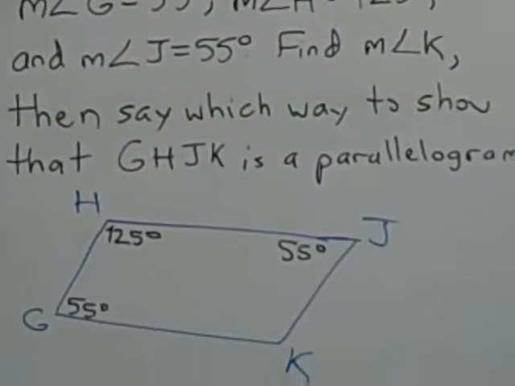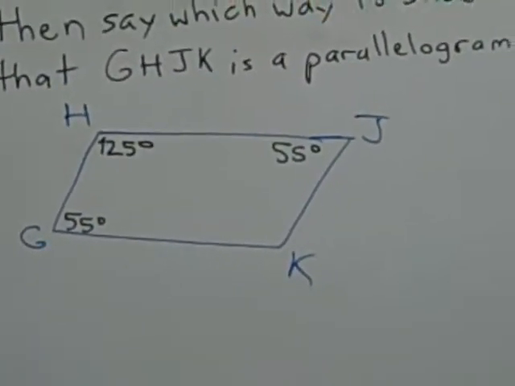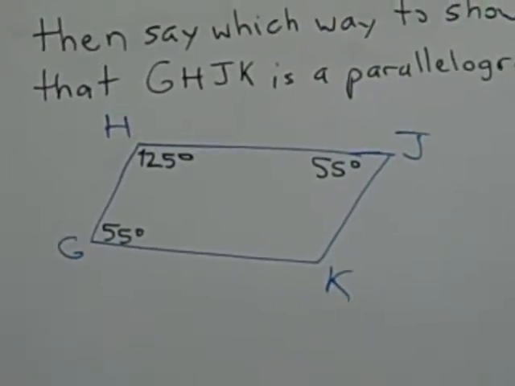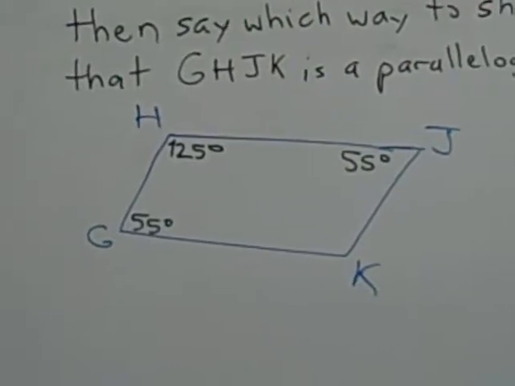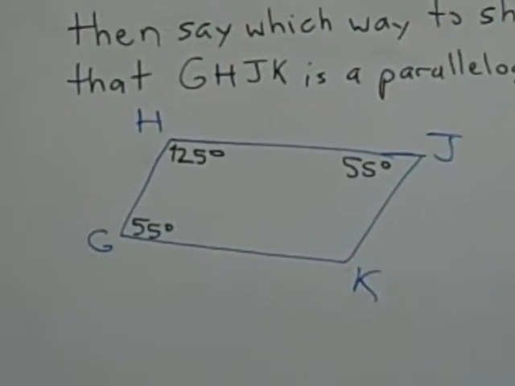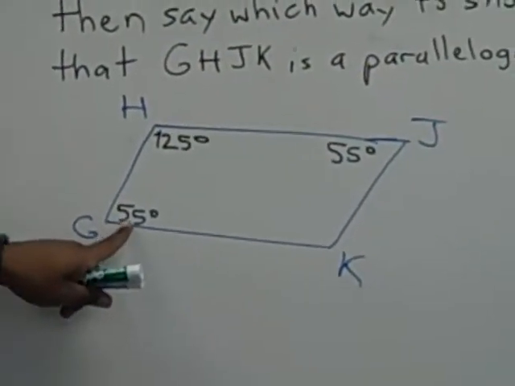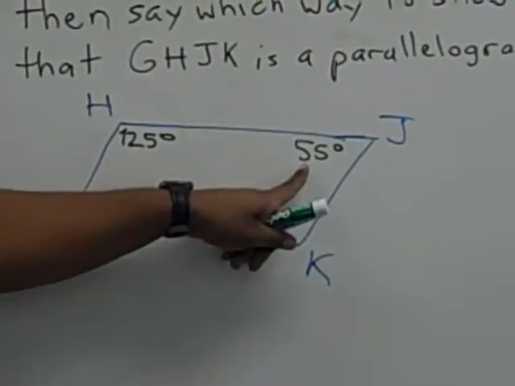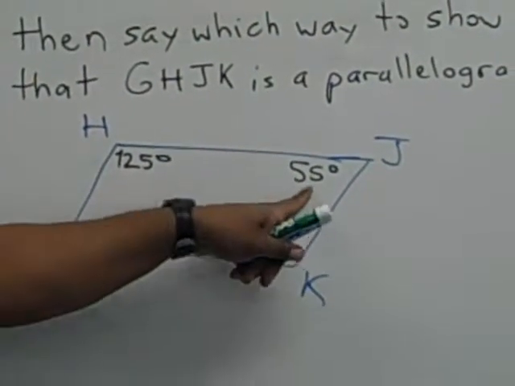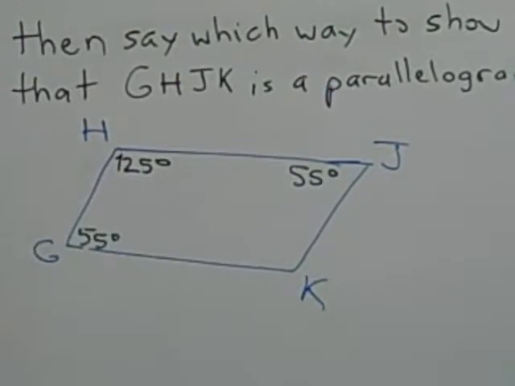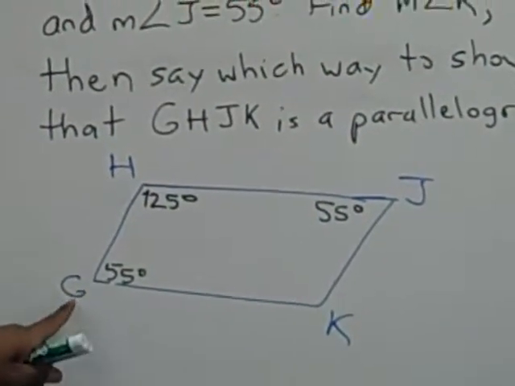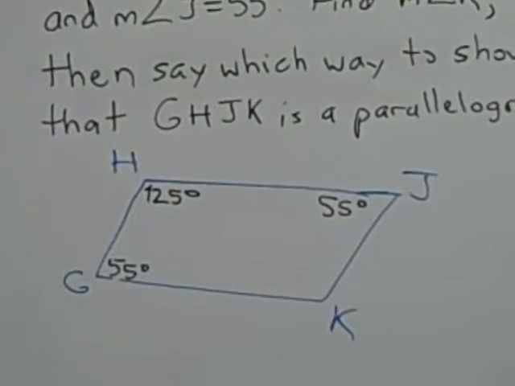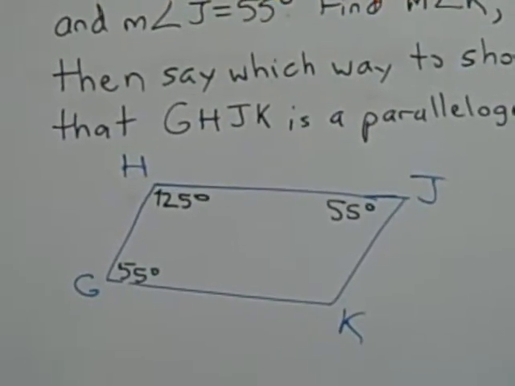All right? And then think about which way we need to use so that we can prove that the shape here is indeed a parallelogram. Well, if this is 55 and this is 55, we already know that these two angles right here are what to each other? They are congruent. G and J are opposite angles, and they are congruent.